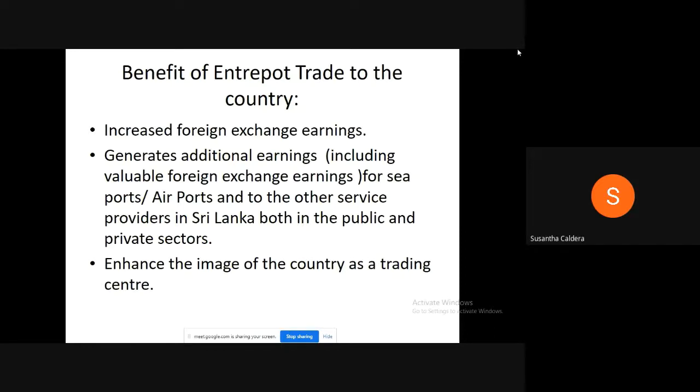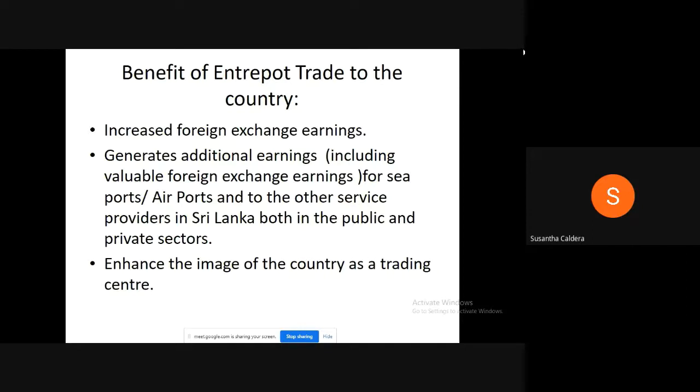Sometimes it might take more than that. But anyway, when so many planes and ships are coming to our airports and seaports, there will be foreign exchange from refueling and all those things. That is foreign exchange, and for other service providers in Sri Lanka, both in the public and private sector. It also enhances the image of the country as a trading center.